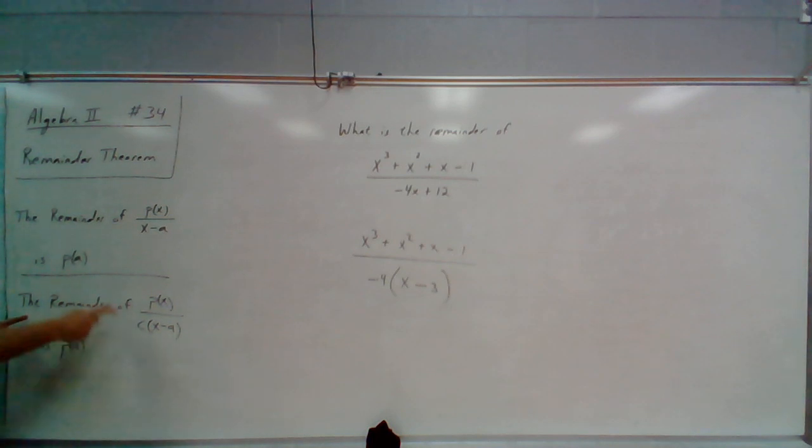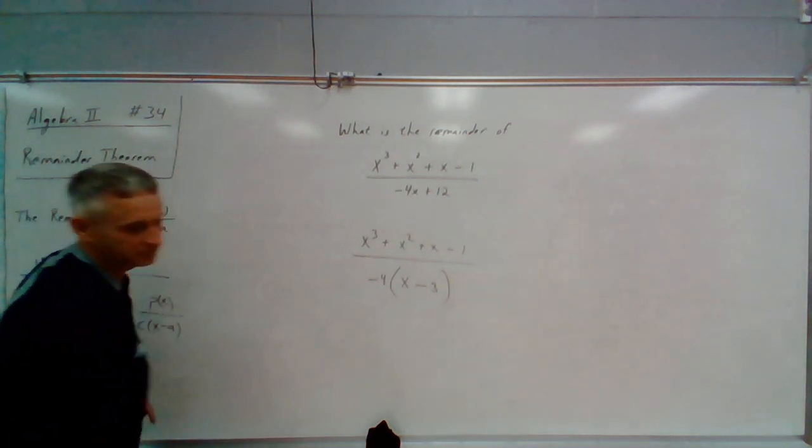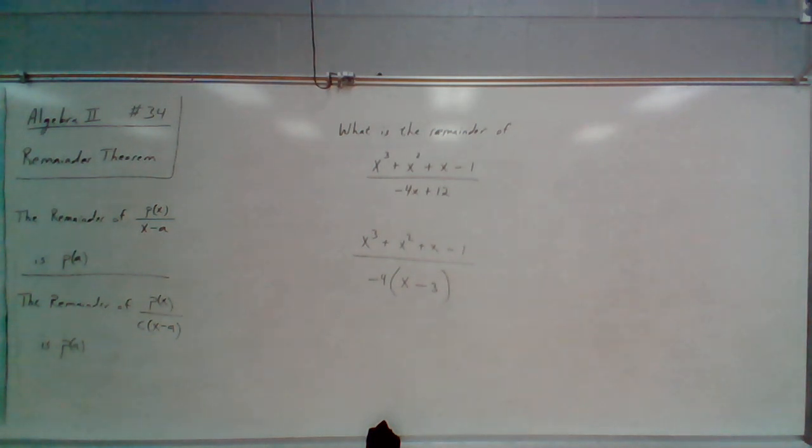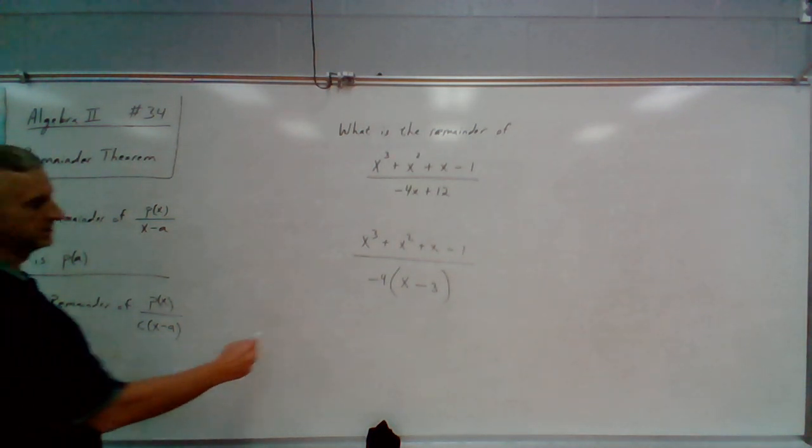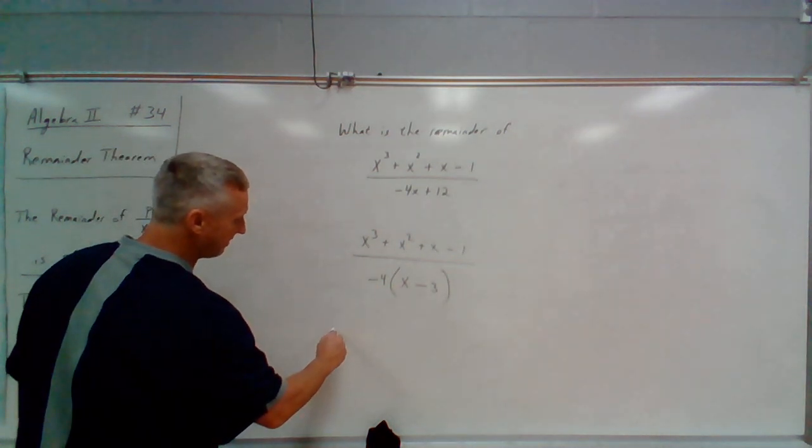Well, this is just the application of the jazzed up remainder theorem. My constant is just a negative 4, so that's not going to make any difference to my answer. So the constant's negative 4, and then I have x minus a, x minus 3, so my a would be 3 in this case. All I have to do is find p of 3. So I just plug 3 into the top.